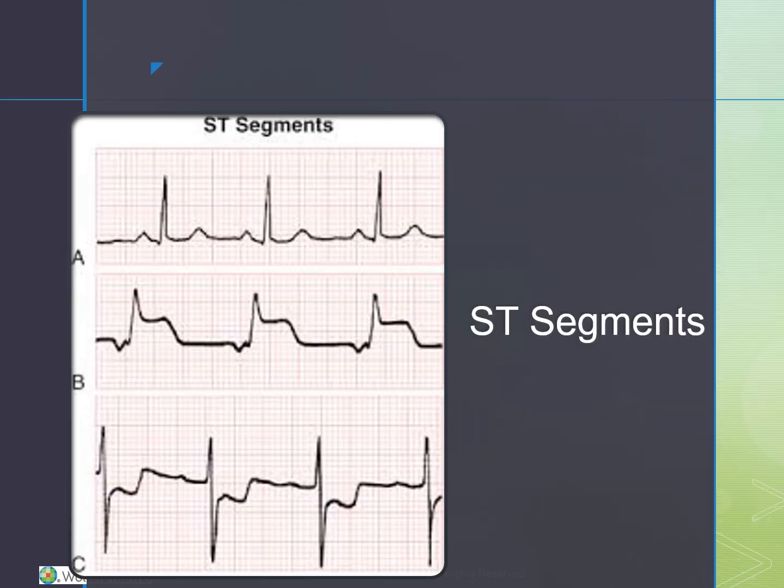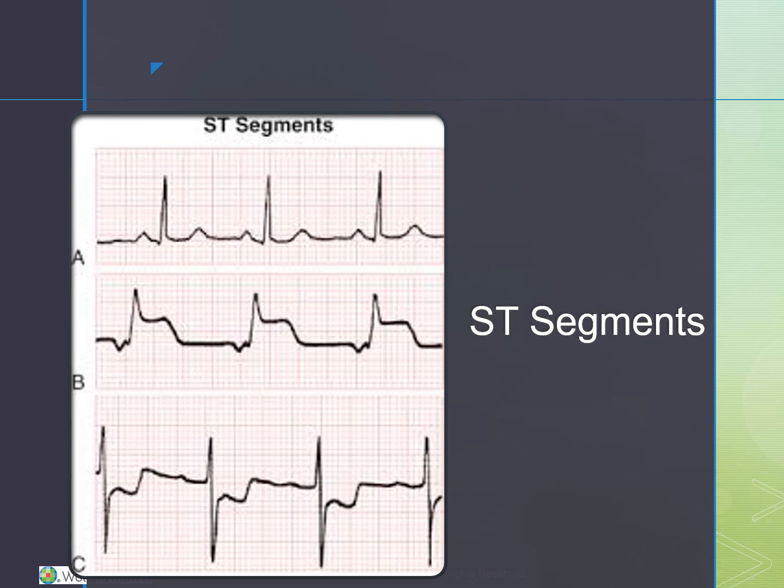So now we're looking at our ST segments. When we look at a heart rhythm, we're wanting to know if we were to lay a ruler or a piece of paper across the line, would it all be basically at the same level? But if you look here from our QRS, S being the last part of our QRS complex, and then our T wave is that wave behind the QRS.